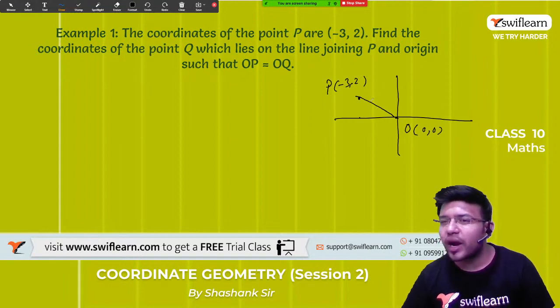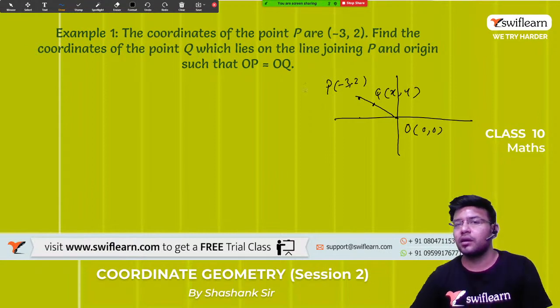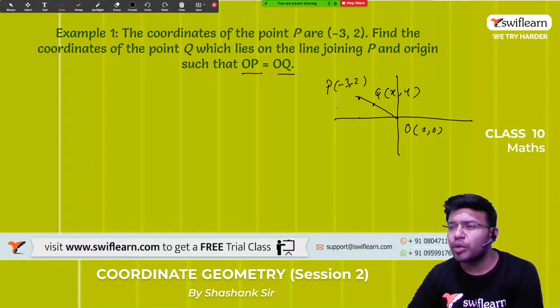Now we need to find a point Q such that उसका कोऑर्डिनेट नहीं पता है ना हमें, उसके लिए for now you write x, y. We need to find a point Q such that it divides OP, such that OP is equal to OQ. OP is equal to OQ means what ratio? 1:1 ratio. Same ratio, 1:1 ratio.